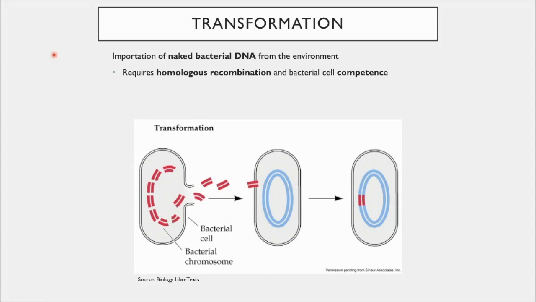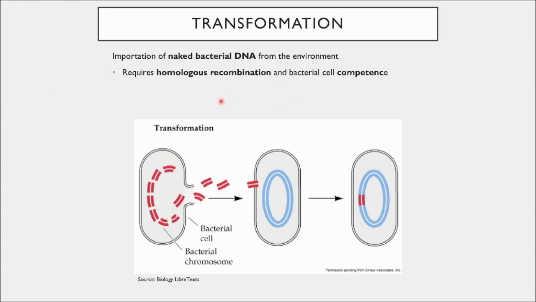Okay, so transformation is going to be the first basic form of horizontal gene transfer when it comes to bacteria. All this is saying is a bacteria dies and it lyses, and all of its bacterial components, all of its genetic components, are just going to get released into the environment. Another bacteria can come along and see this piece of bacterial DNA, endocytose it, and so long as it has homologous recombination and competence, meaning that it basically has the mechanisms to deal with it, it can incorporate it into its genome.